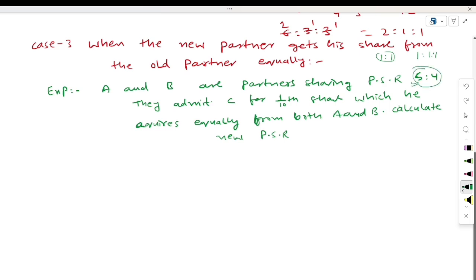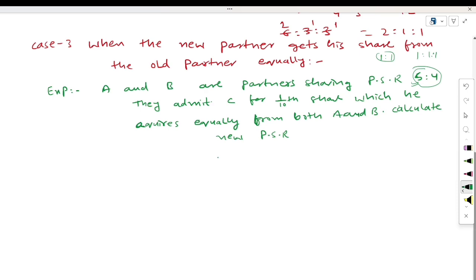This is their old profit sharing ratio. They admit C for 1 by 10th share, which he acquires equally from both A and B. It means C will acquire this 1 by 10th share in equal ratio from A and B. You have to calculate the new profit sharing ratio.